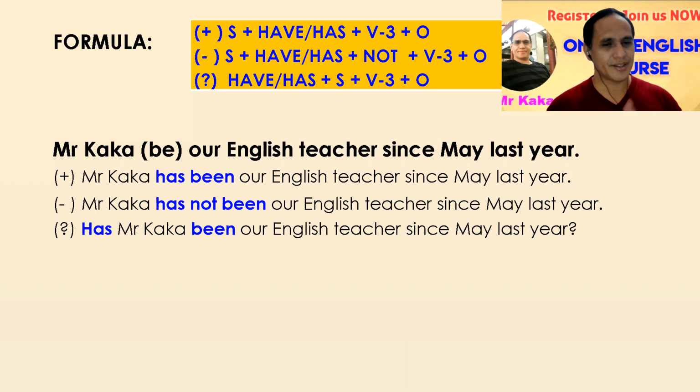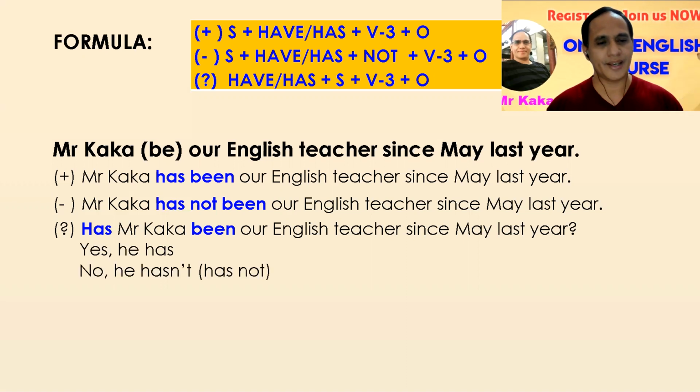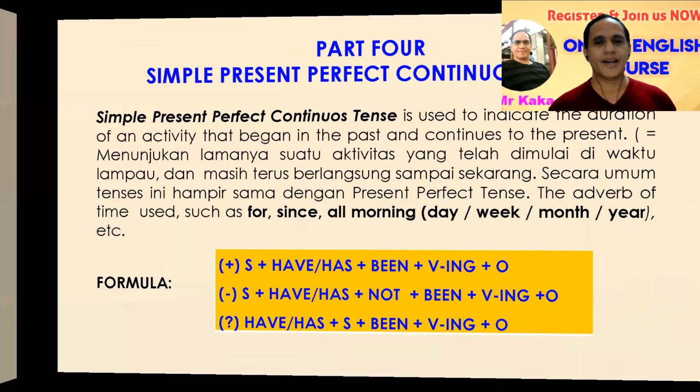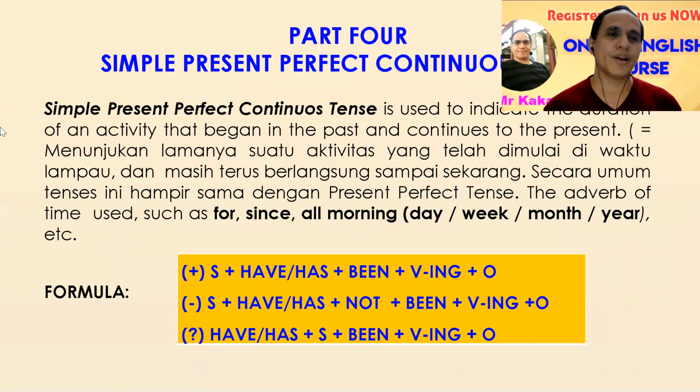If you think that Mr. Kaka has been your English teacher since May last year, you will answer yes he has, or no he hasn't, right? Okay, right. It's all about present perfect tense, right?